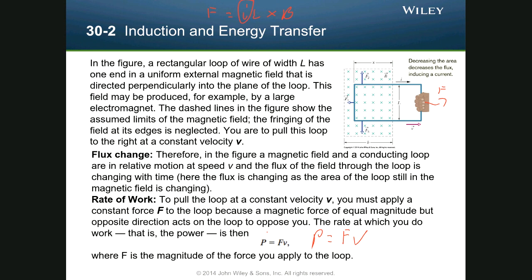How do we find the induced current in this loop? We ask that question because the induced current leads to the force, right? And then once we have the force, we can get the power. Okay? And that's just what we do as we go through this loop.